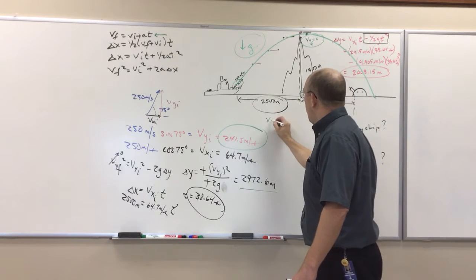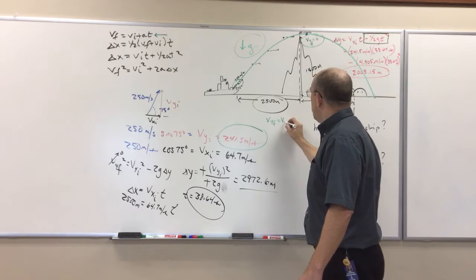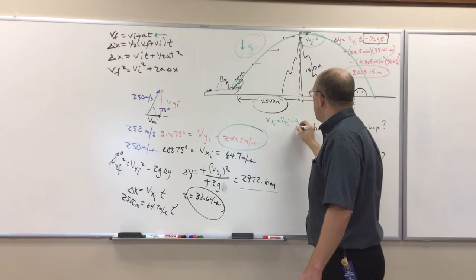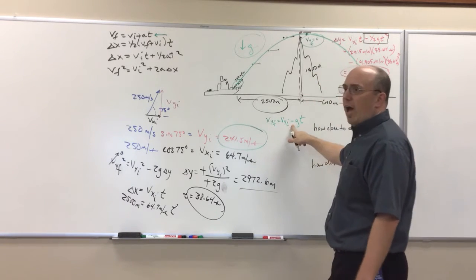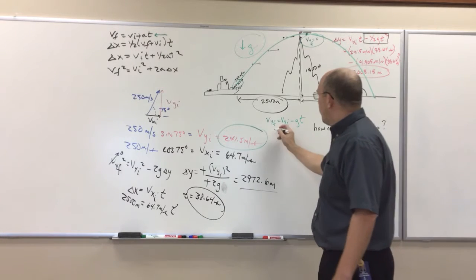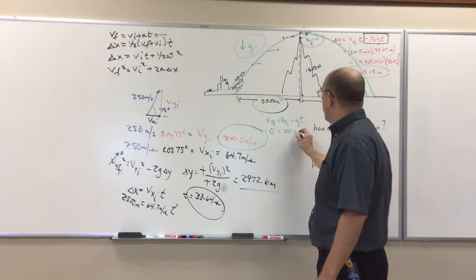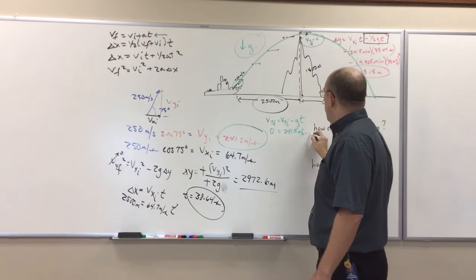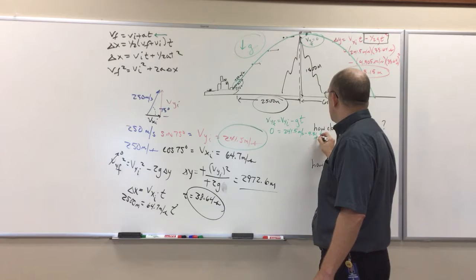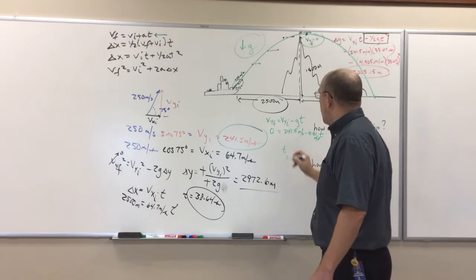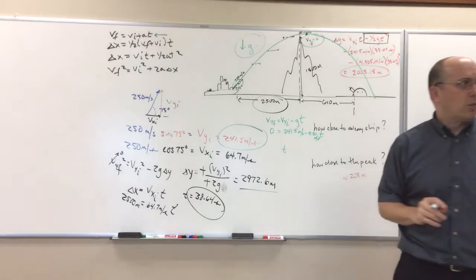So vyf is equal to vyi minus gt. Negative because gravity's down. We said that this is 0 at the apex. We know the initial is 241.5 minus 9.81 times t, in meters per second squared. What's the time it takes to get to the apex?